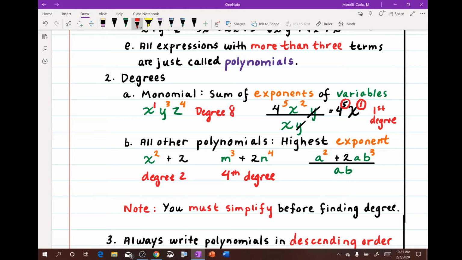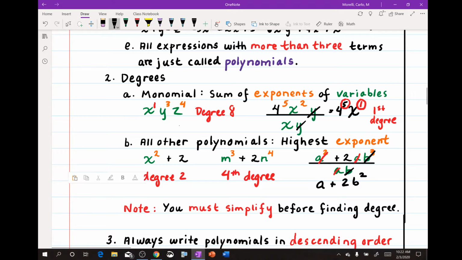Now here, this one's another gotcha. We can cancel because look, you have an a here and an a here. You can cancel and rewrite as a plus 2. And then you cancel out one of the b's.